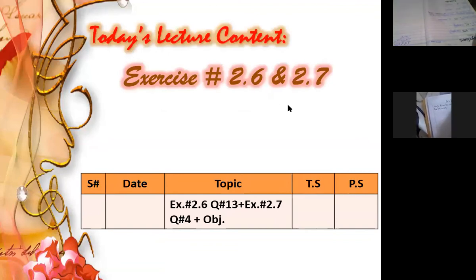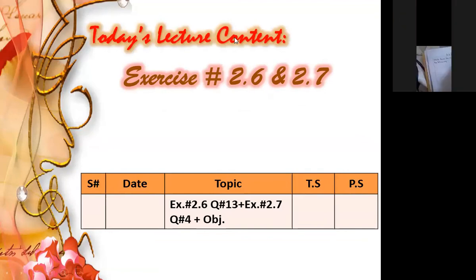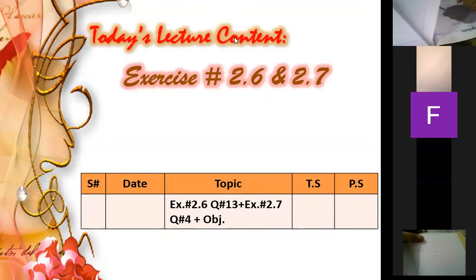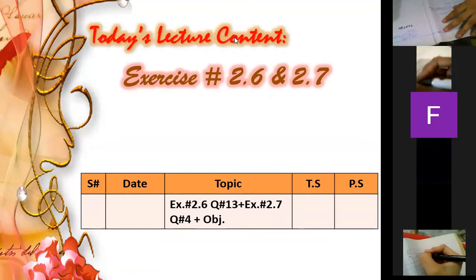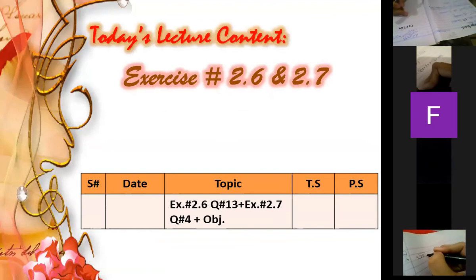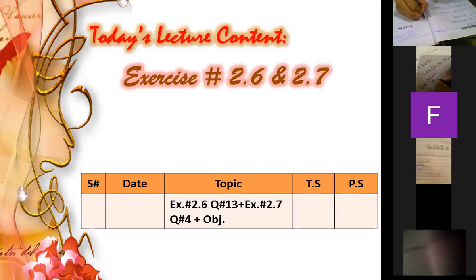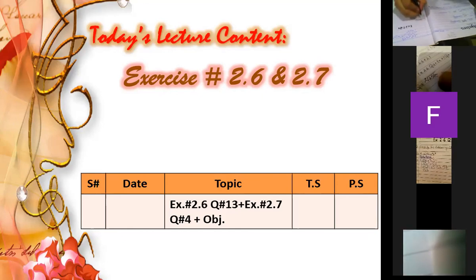Everyone has to do this question. 2.6 question number 13, and please turn your camera on. 2.6 question number 13 and 2.7 question number 4.